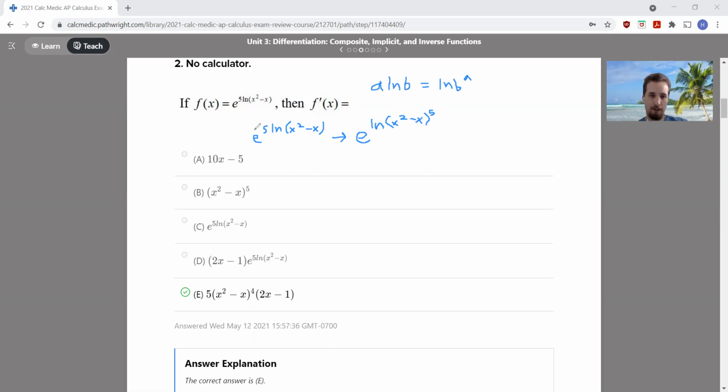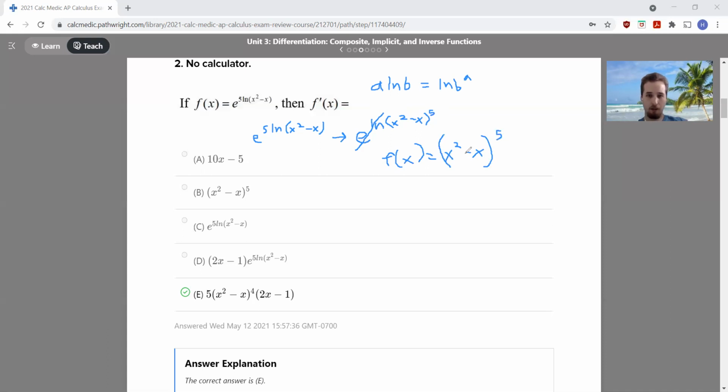I took this 5, which was in front of the ln, and made it the exponent because of log rules, and e and ln cancel each other out. So f of x is now just equal to whatever's left, which is x squared minus x to the 5th power.